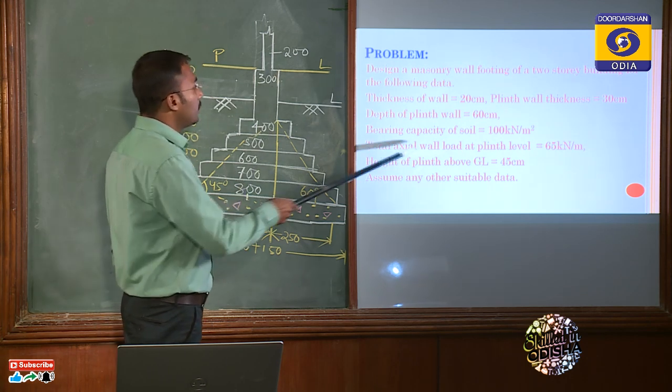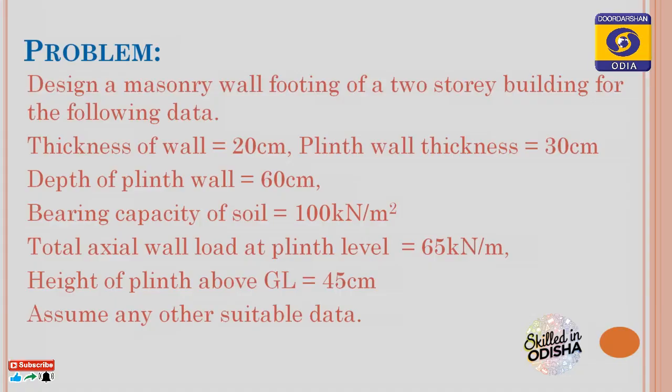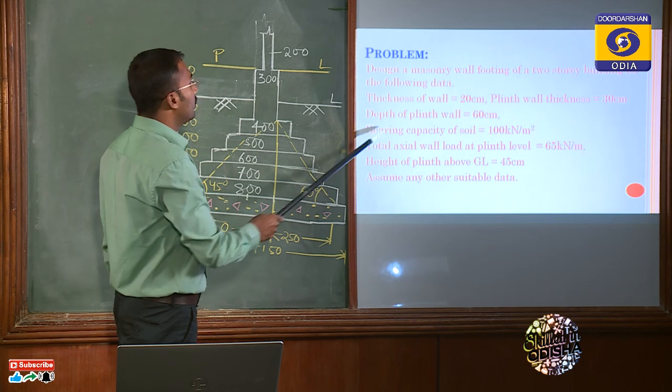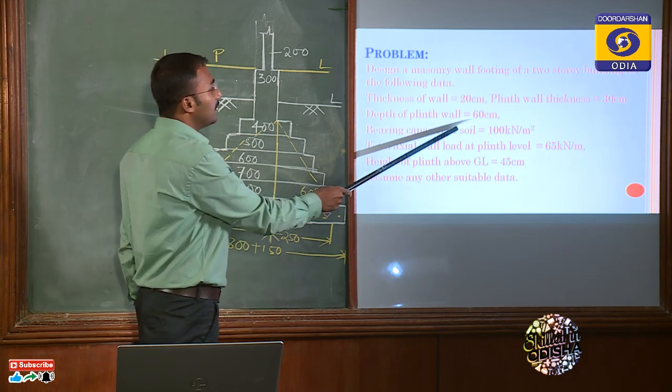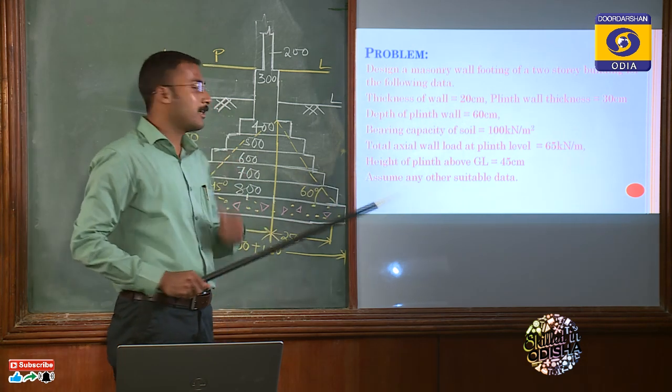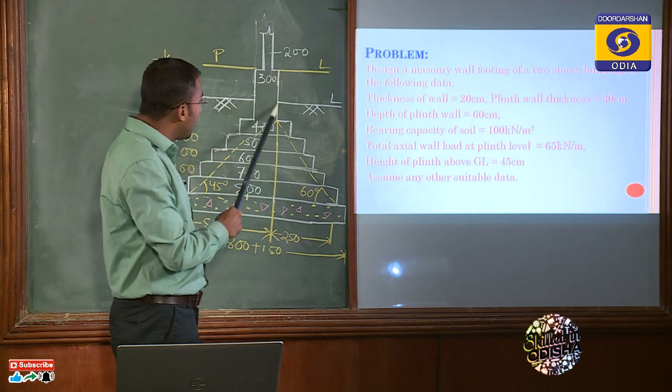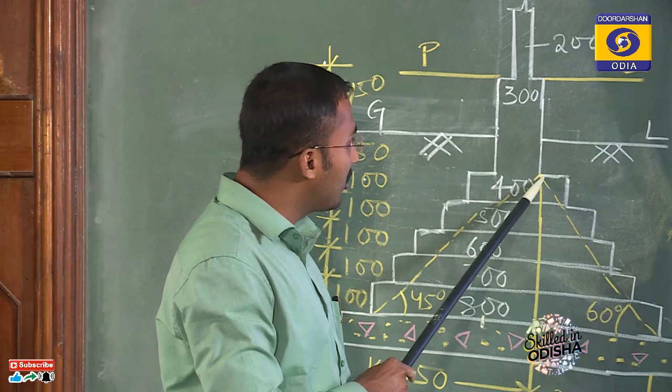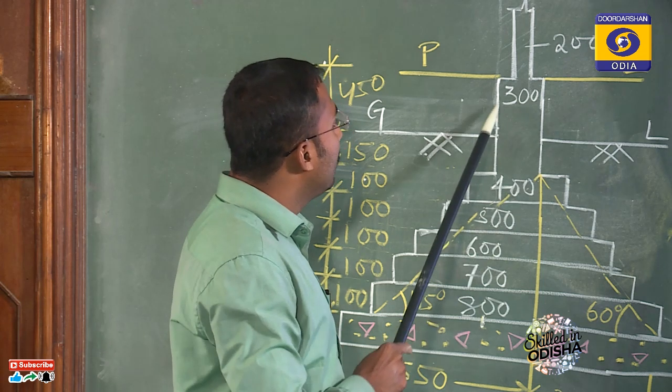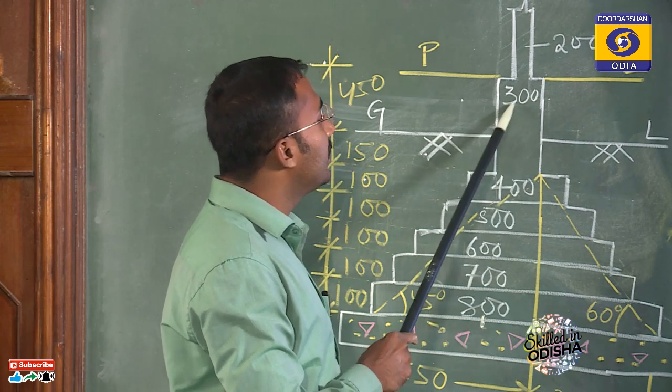As per the problem statement, the plinth wall thickness is 30 centimeter, that is 300 millimeter. The depth of the plinth wall is 60 centimeter, that is 600 millimeter. So the total height of the plinth wall is 600 millimeter and the width of the plinth wall is 300 millimeter.